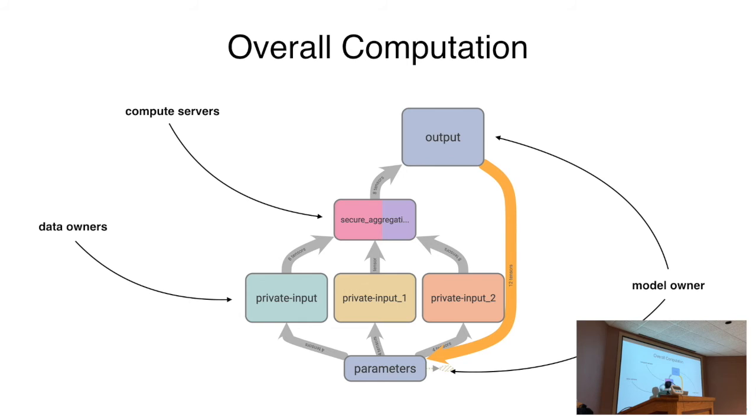You secret share those and send them to this server where the secure aggregation is done, and then you send that out to here, which is then the final model. And then they can send that back here to start the process over, essentially to keep the training going. And then once they're done, that output cell just has the final model that you wanted to begin with.